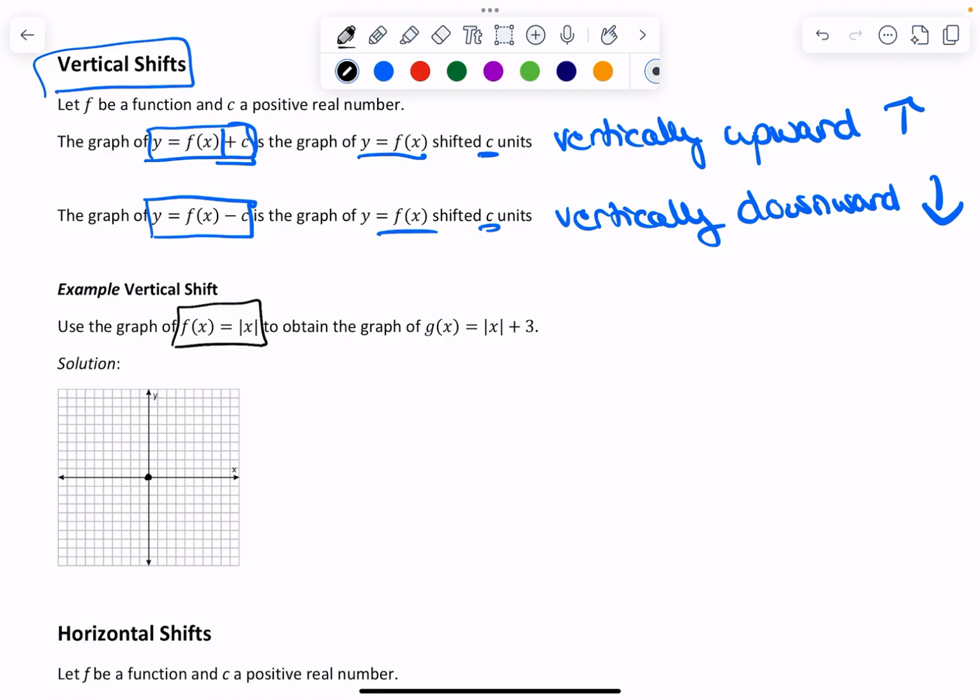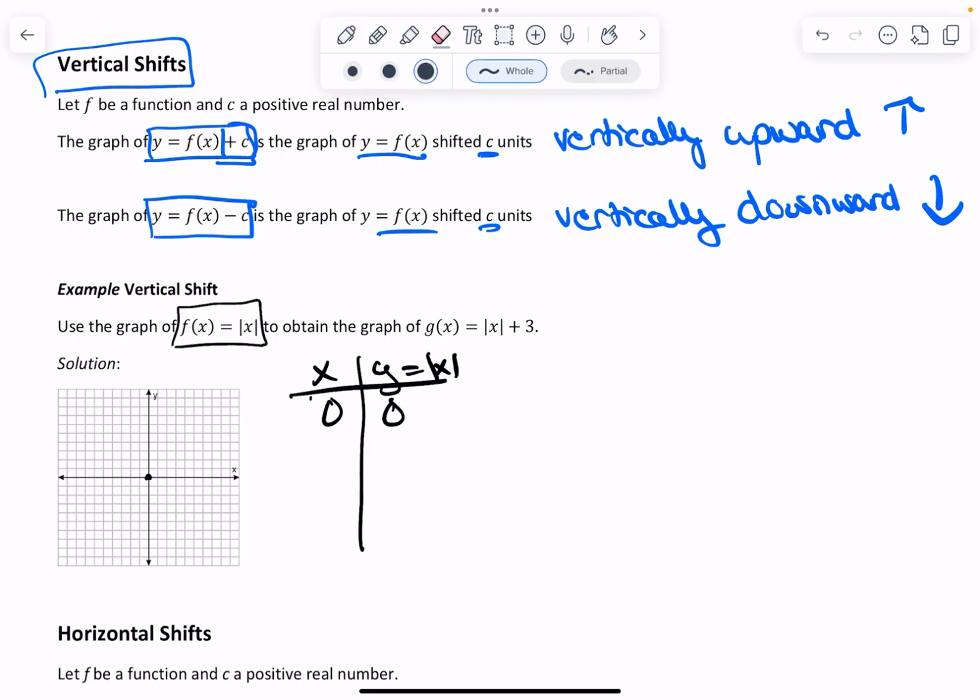If you're not sure, use the table. You can always plug in the points. Actually, y equals absolute value of x. So if x is 0, your y is going to be 0. Actually, I should do it this way: -2, -1, 0, 1, and 2.